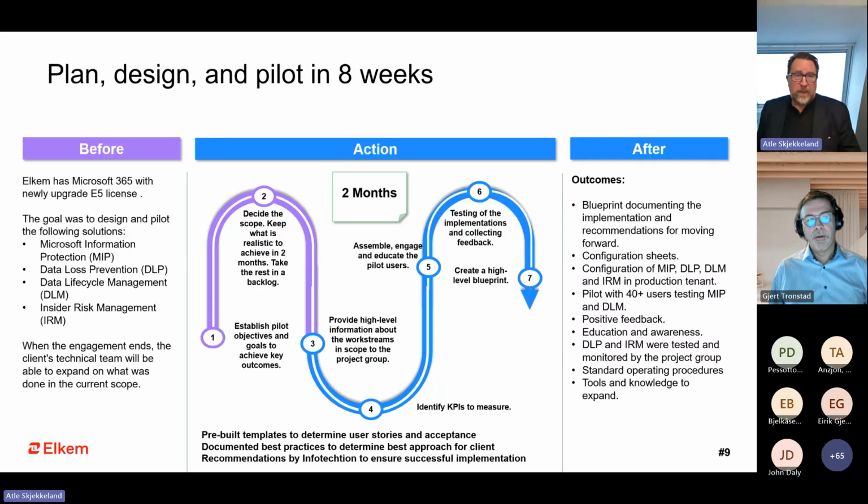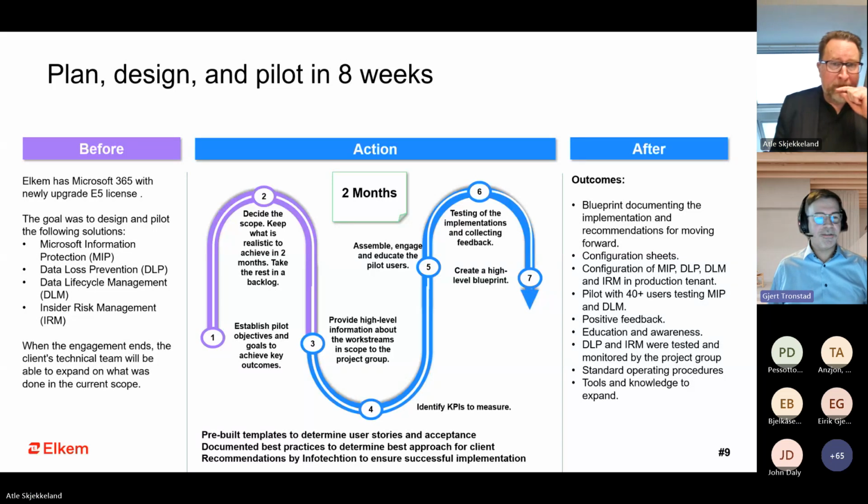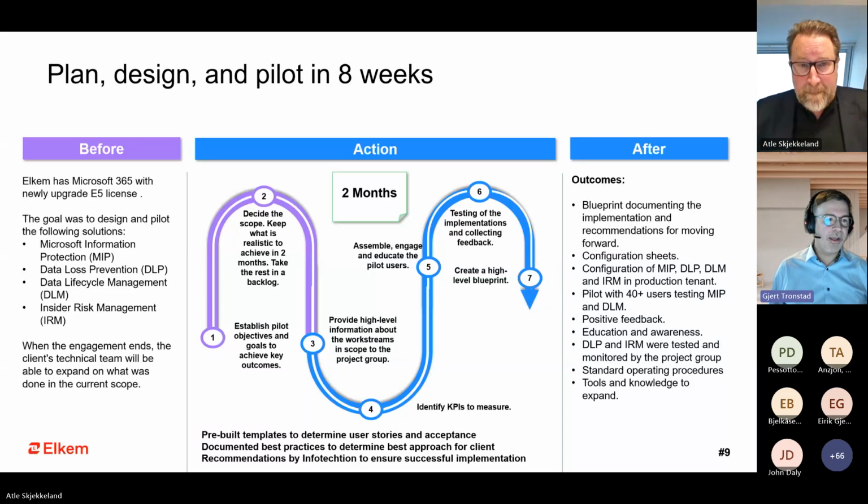So how do we do this? Gjert, do you want to start? Yes, I can start. As I mentioned, we purchased the E5 license, so we needed to find some of the tools to start with in Purview. And as Atle already showed, information protection, DLP, data lifecycle management, and insider risk are the ones we wanted to run a proof of concept on.